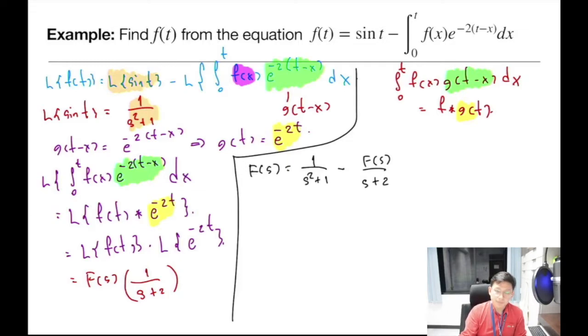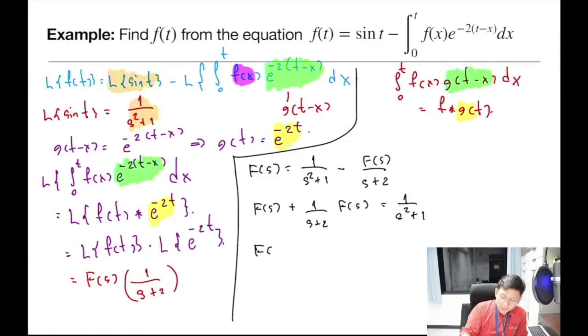Then I have F(s) plus F(s) over s plus 2 equals 1 over s squared plus 1. And I pull F(s) out.